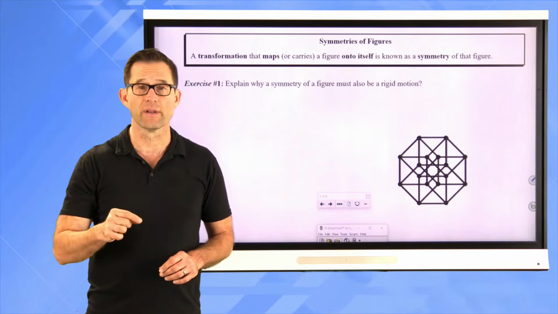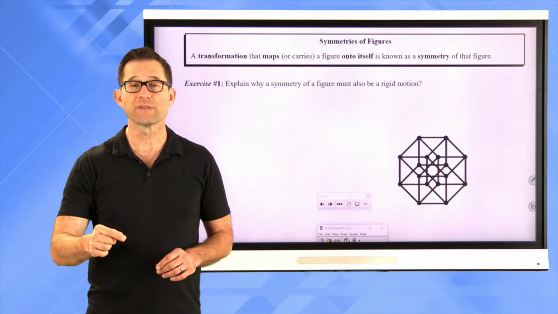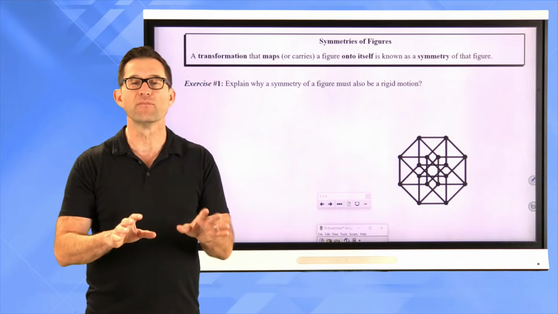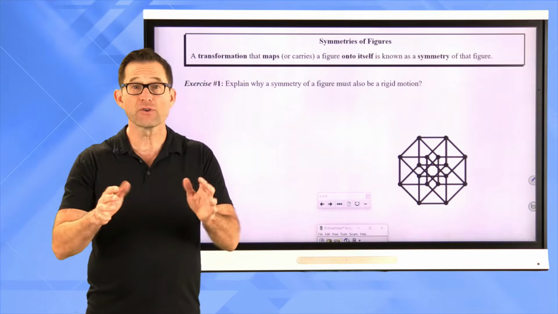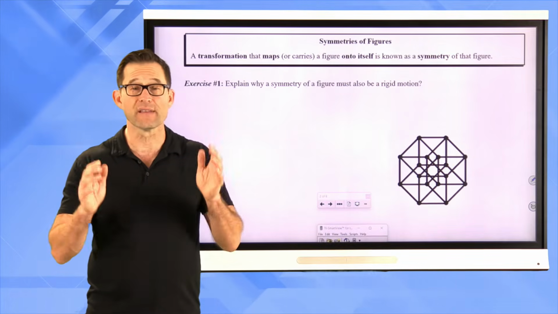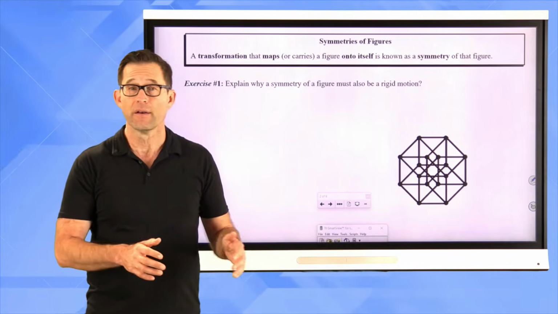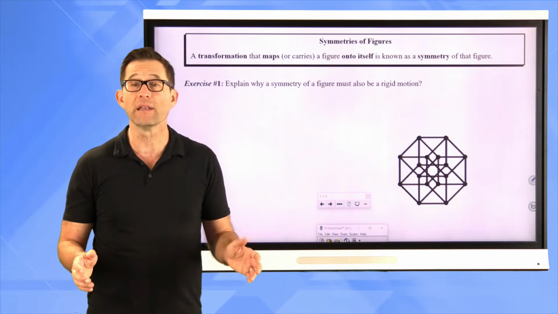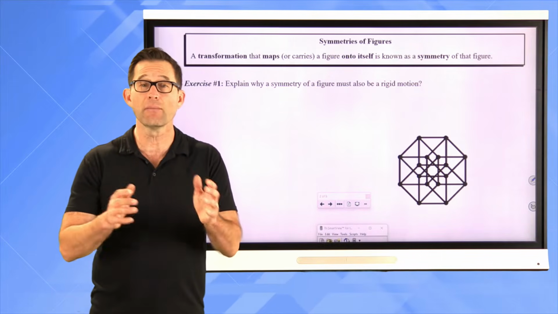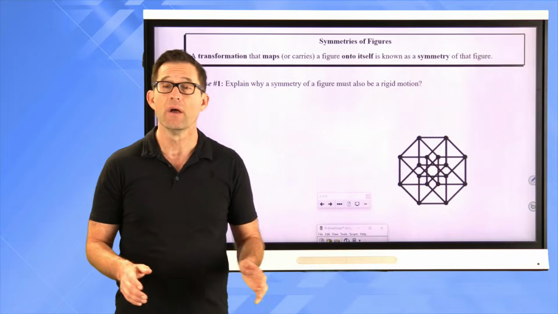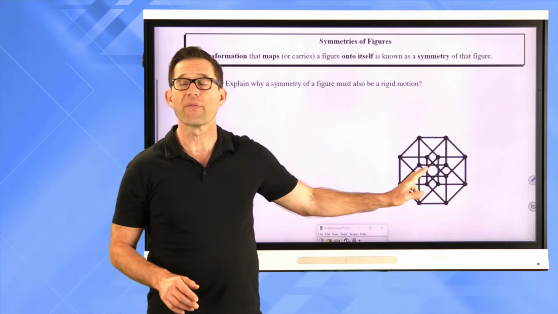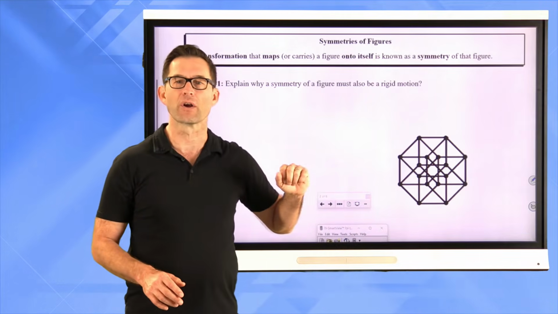They are literally transformations that after you've done them to the figure, the picture, the image that you get, looks exactly like the original figure, not only in shape and size, but literally exactly in the same location, in the same orientation. So for instance, here we've got the hypercube, the eMath Instruction logo.